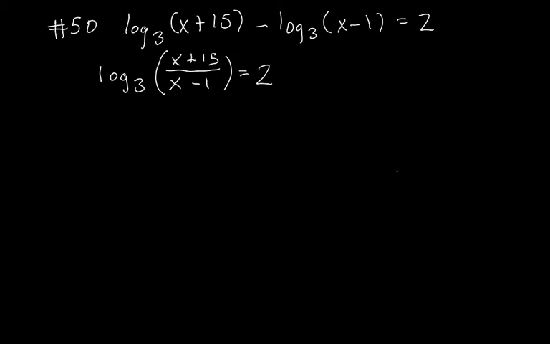So we now have a single log, and we can use the exponential form of the logarithm. So log base a of x equals y if and only if a to the y equals x. So we see that a is 3, y is 2, and x is this fraction.